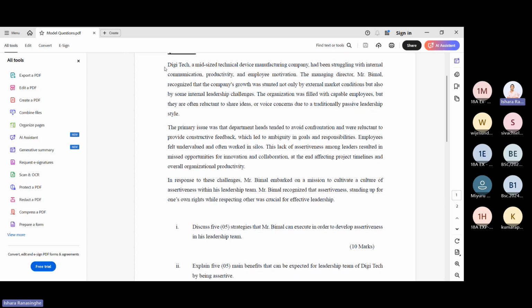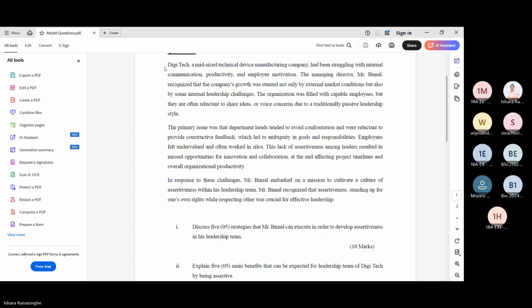You need to convert it like that. Then if we consider the second point, respect, third point, respect for others, then you can say Mr. Bimal needs to practice a culture within the organization where employees respect others. Convert this point to a strategy.